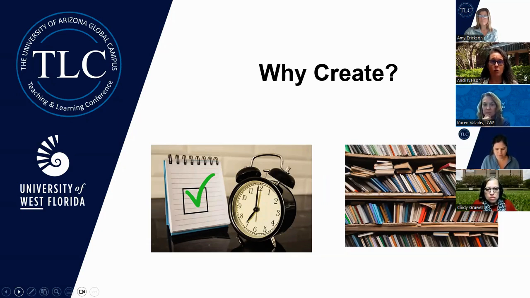That's when we realized we were really going to have to Frankenstein a bunch of resources together, and this was going to take a long time because we had over 25 resources to reconfigure, edit, and also create that interactive content. This process took us about a year with the two of us. Next slide.